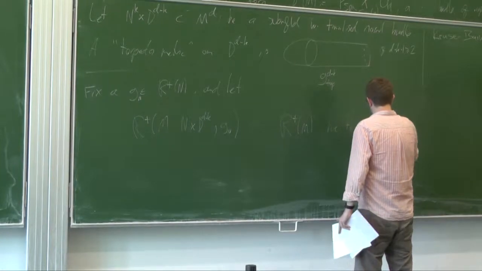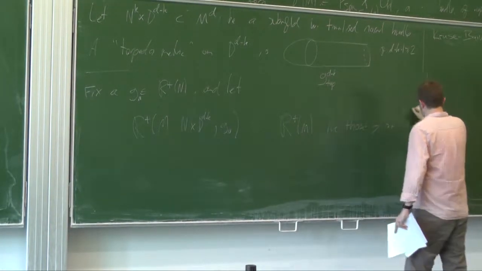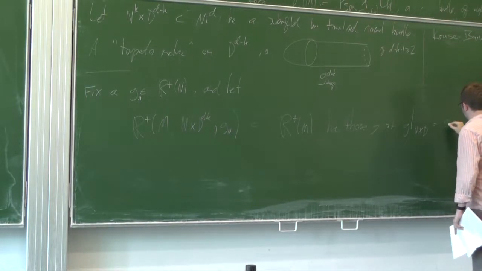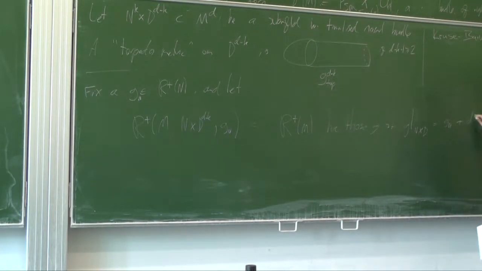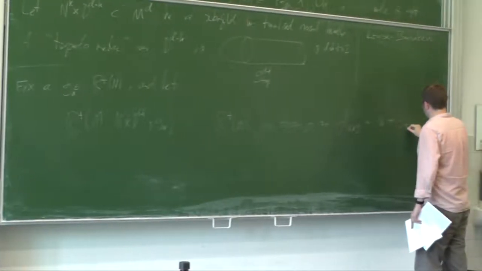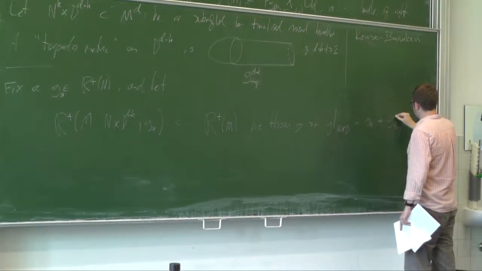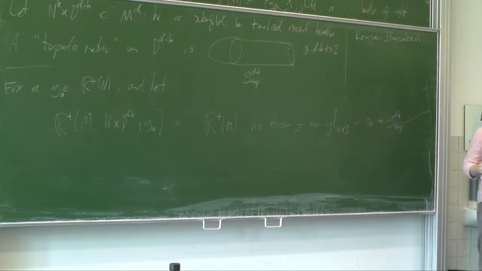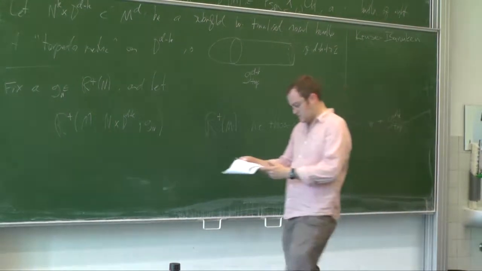So it would be those g such that g restricted to N cross D is just equal to the metric on N plus the torpedo metric on the disk factor. Okay, so they're just completely fixed on this standard subpart of the manifold.